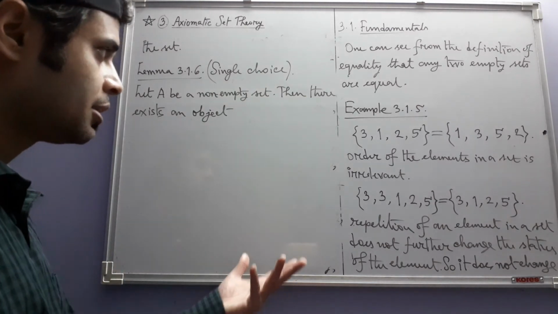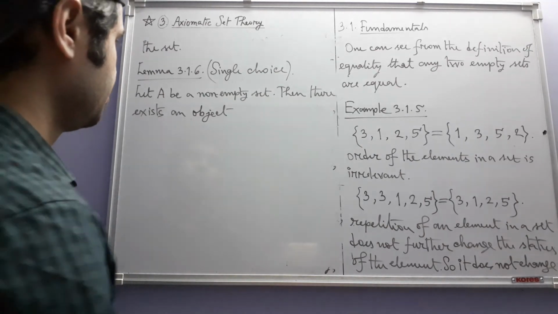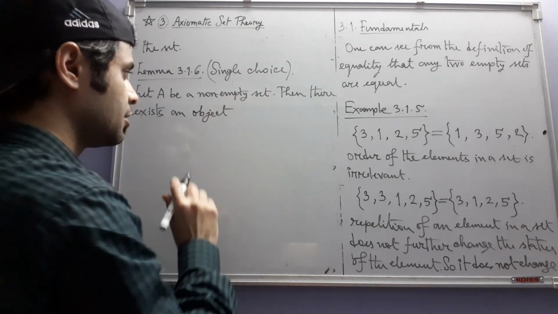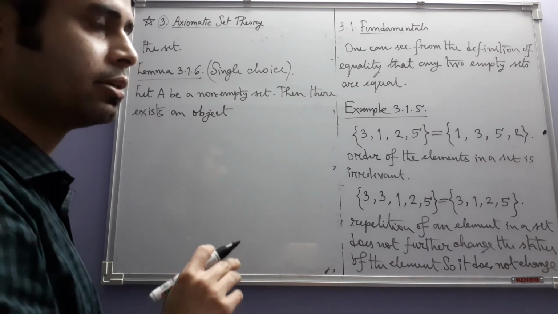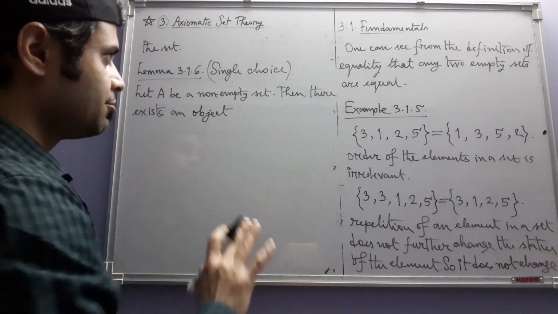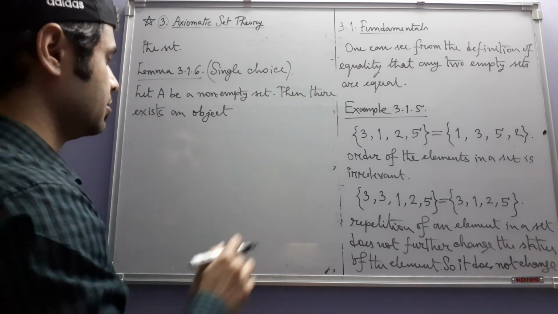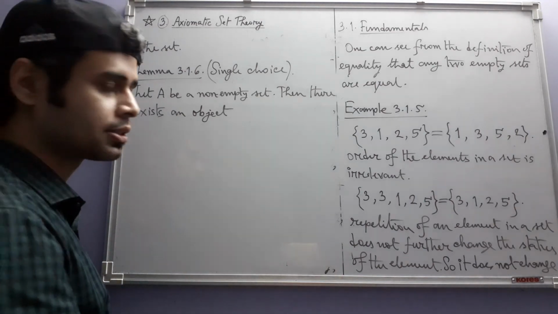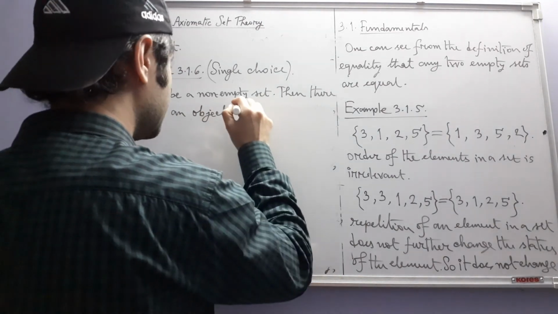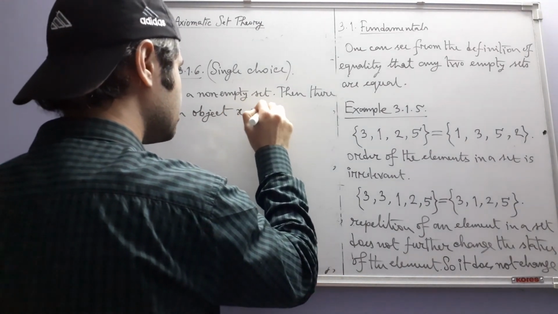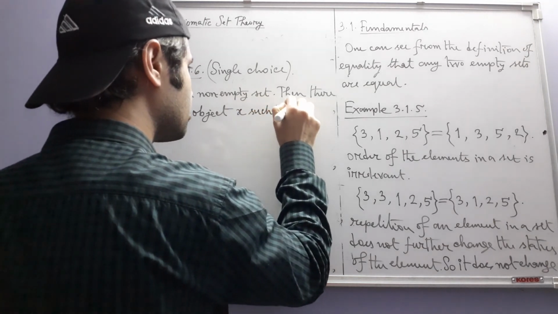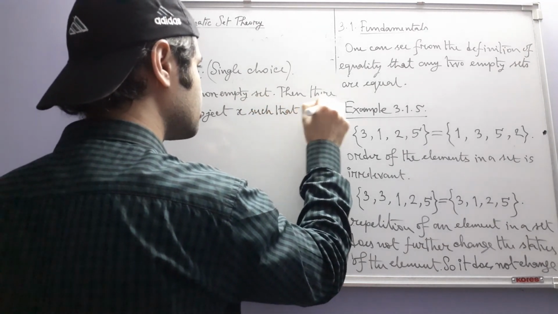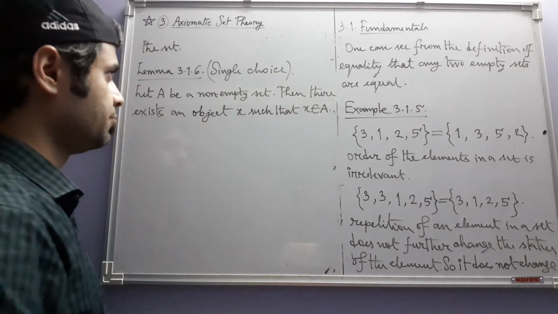When we say element, it's already inside the set. So in that sense, we are using the words object and element; they have slightly different meanings when it comes to being inside a set or not.